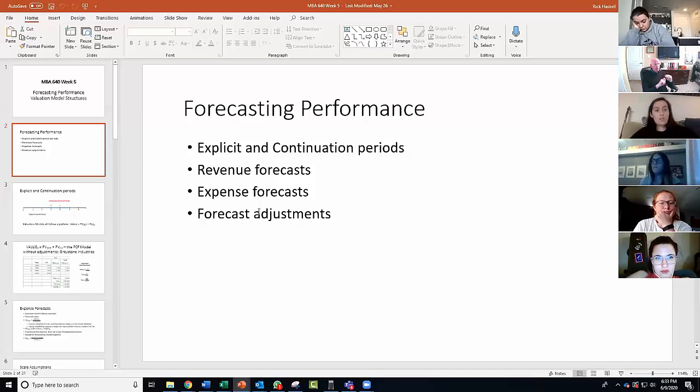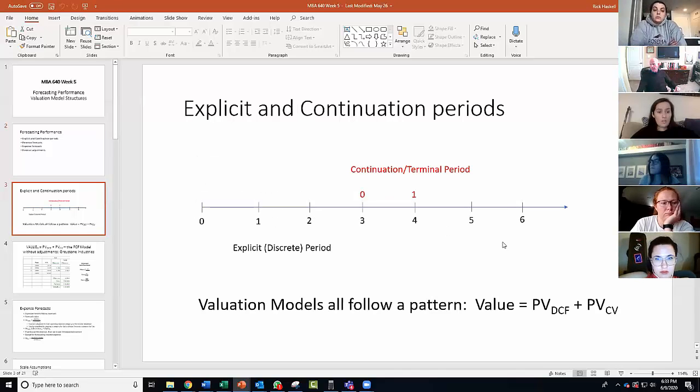And then we'll move on to some new items, which will be looking at some valuation models, some of which we've already begun to do, and one of which we haven't even touched, okay?